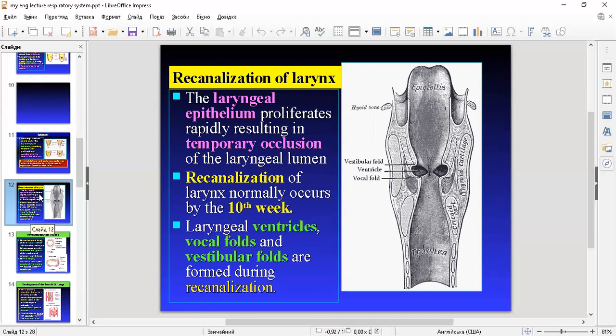Recanalization of larynx. The laryngeal epithelium proliferates rapidly, resulting in temporary occlusion of the laryngeal lumen.